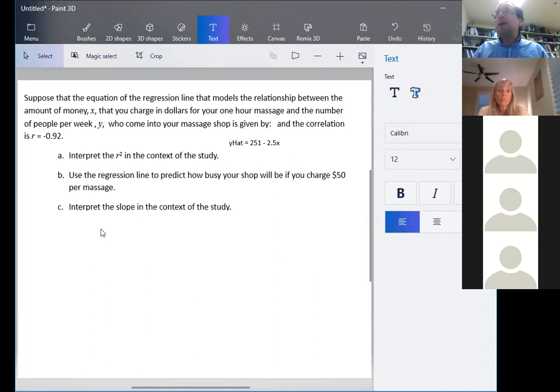Okay, so we could do all the stuff that we did before. Okay, correlation was -0.92. So if you square that, what do you get? That's supposed to be an easy question. You get a calculator. 2 decimals is best.